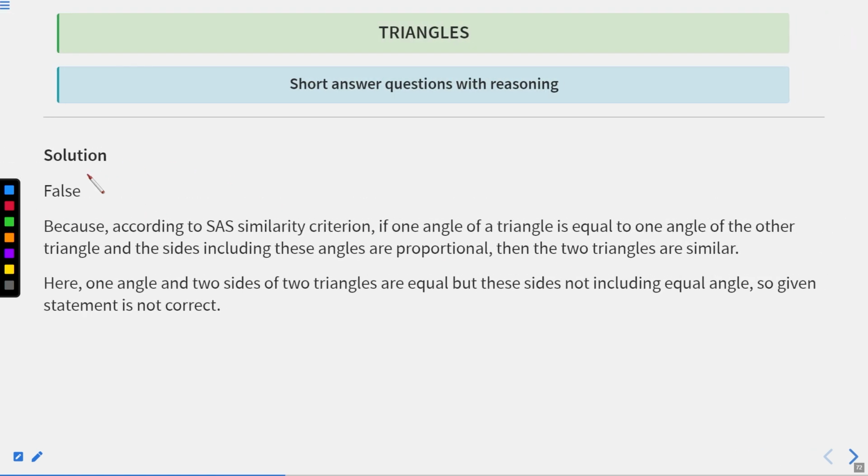Here the statement is false, because according to the SAS similarity criteria, if one angle of a triangle is equal to one angle of the other triangle and the sides including these angles are proportional, then the two triangles are similar. Here one angle and two sides of the two triangles are proportional, but these sides do not include the equal angle, so the given statement is not correct.